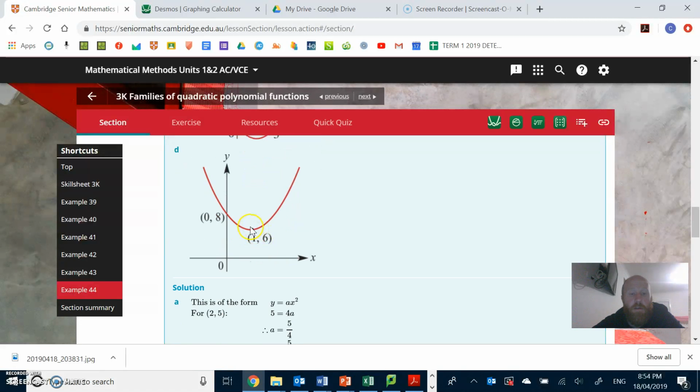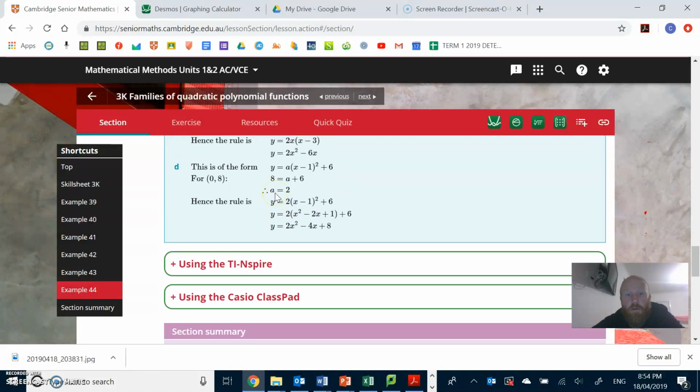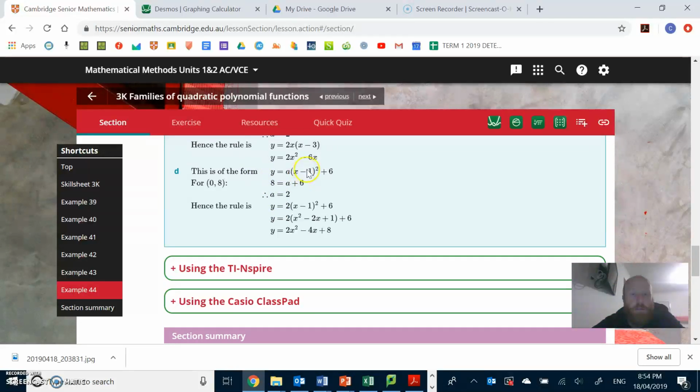Another one where you get the turning point, you get the other random point, so that because there's a dilation and a translation up, they list both. Go use the other information, put it in, and then you can expand it out to general form.